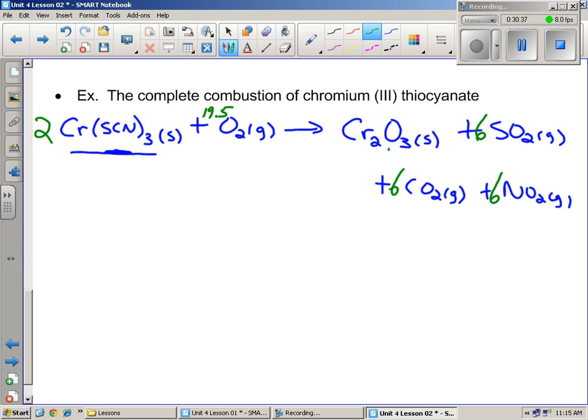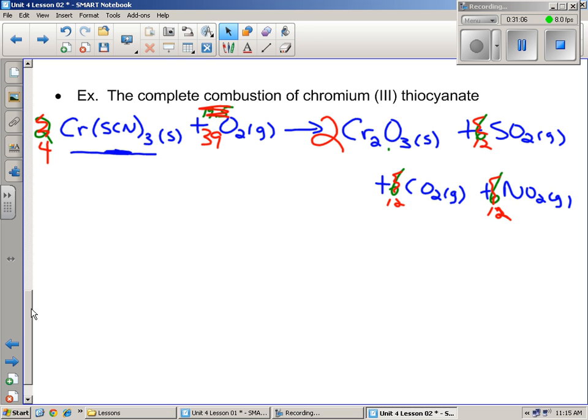So, easy fix though, go back and double everything. Okay. So, let's go back and do that. I'd say 4, 39. Don't forget to double that one. Okay, there wasn't a number there, so don't forget that one. Double it. Double, double, double.